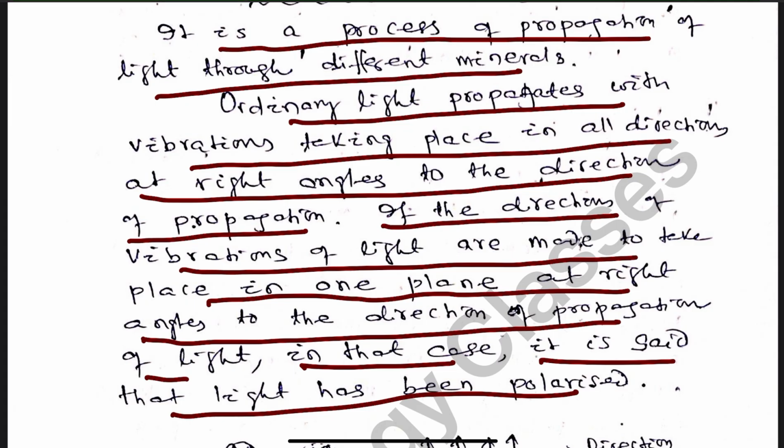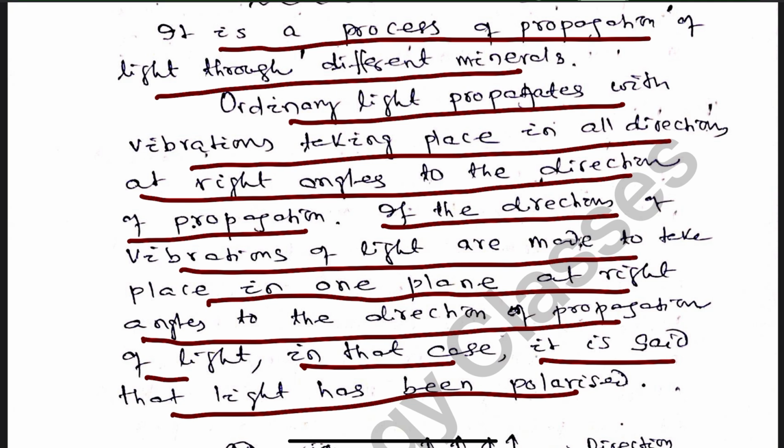So, polarization of light takes place when the light rays are forced to vibrate in one plane, perpendicular to the direction of propagation of light. In that case, we can say it has been polarized.